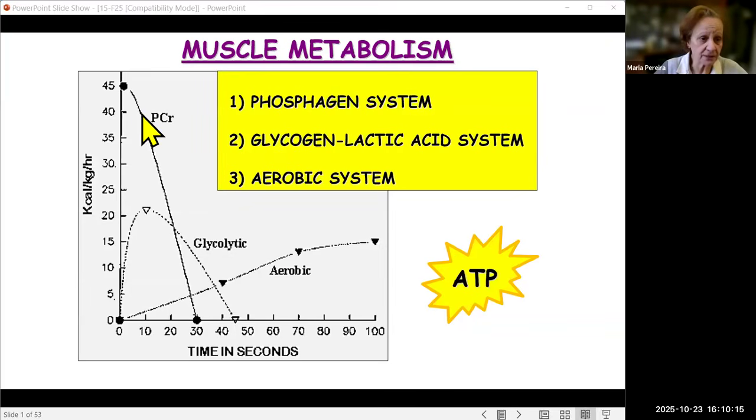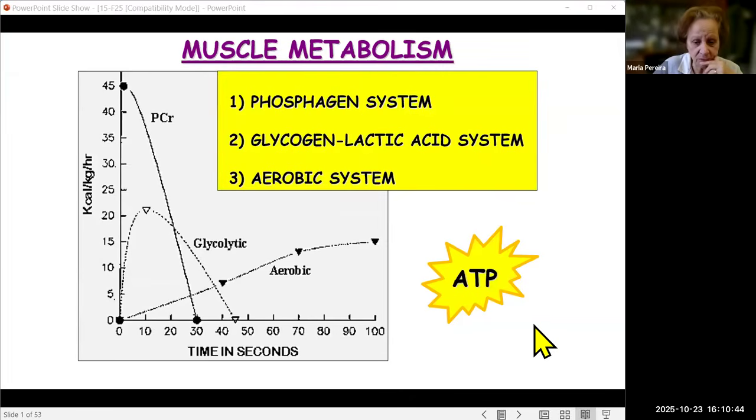So the phosphagen system produces ATP just for about 30 seconds. So it's even less efficient than the glycolysis. So if the muscle fiber would rely only on the phosphagen system, then there would be ATP just for 30 seconds of muscle contraction.